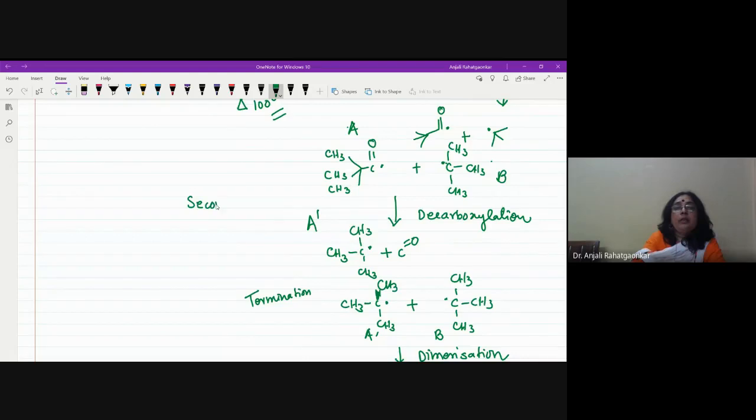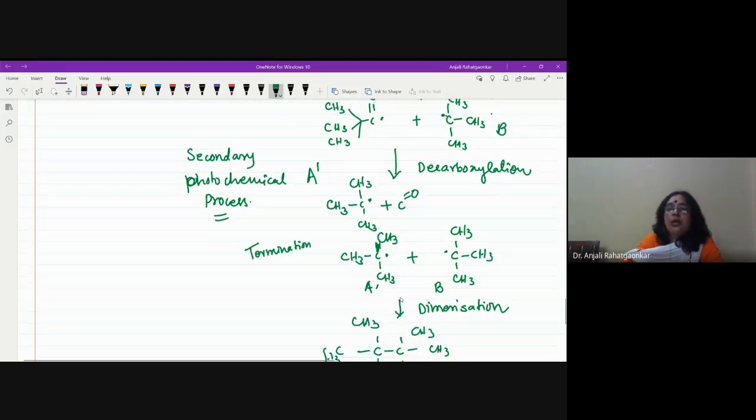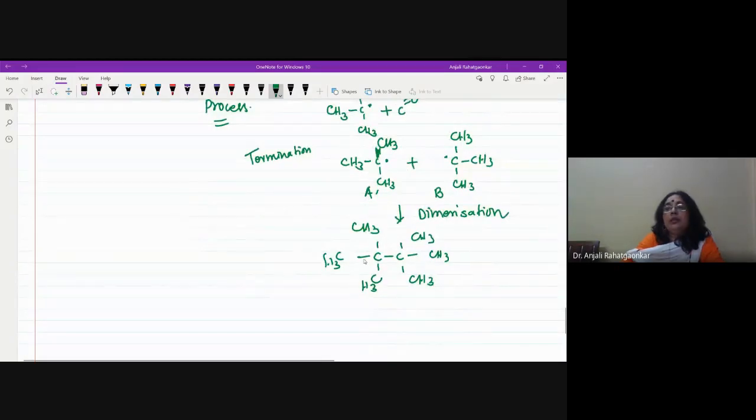This is a secondary photochemical process, of course. Right? So one radical from the primary photochemical reaction and another radical from the secondary photochemical reaction, they combine together, dimerization takes place, and there is a formation of carbon monoxide and the higher alkanes.